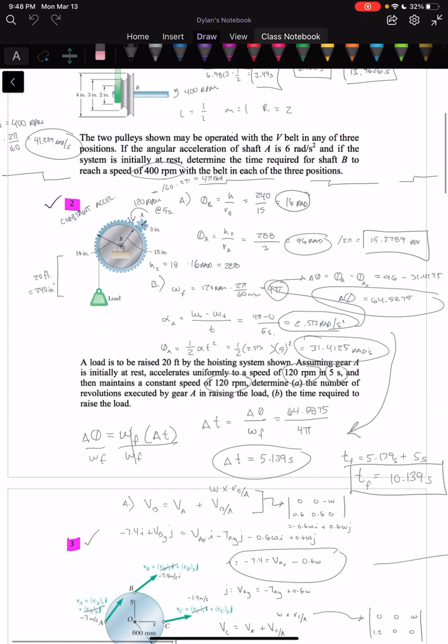Okay, number 2. This one, we know the relationship of theta being the h over the radius. I did these ones last week.